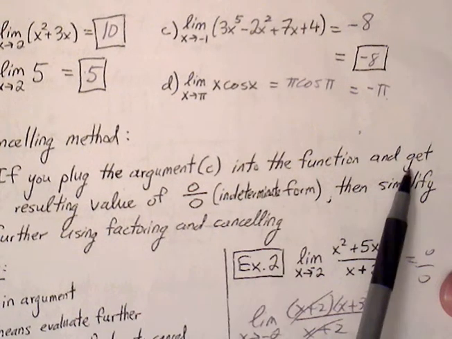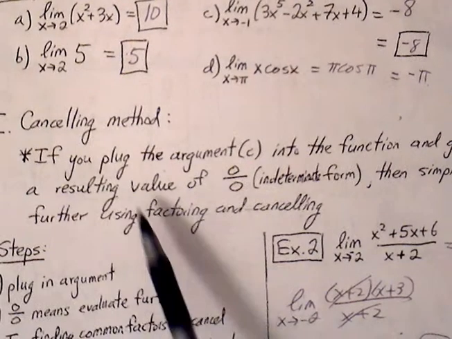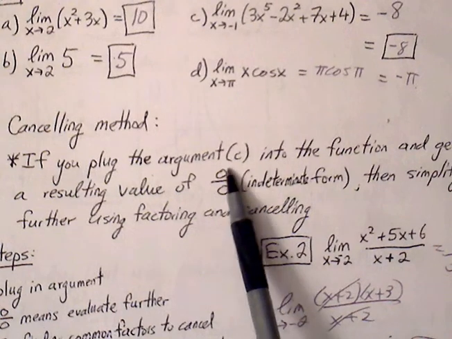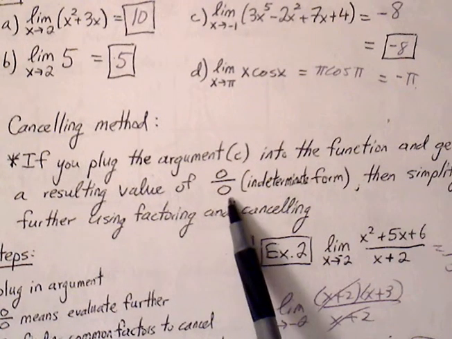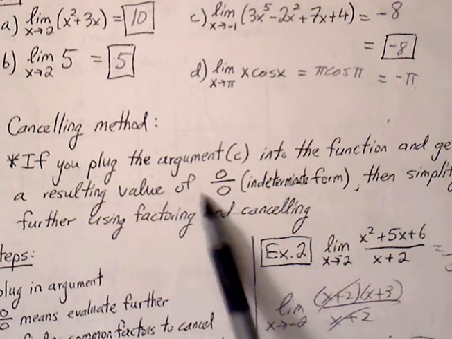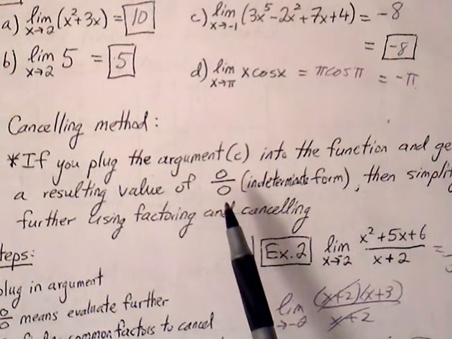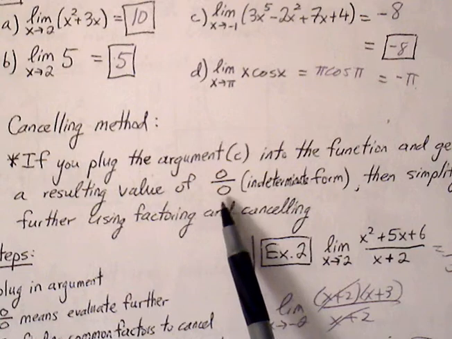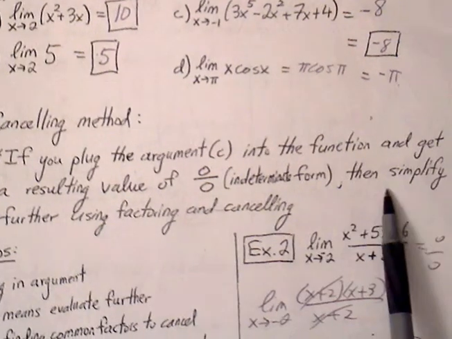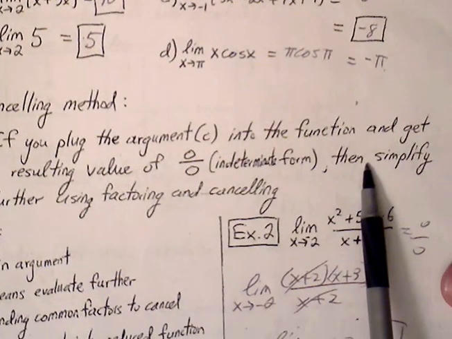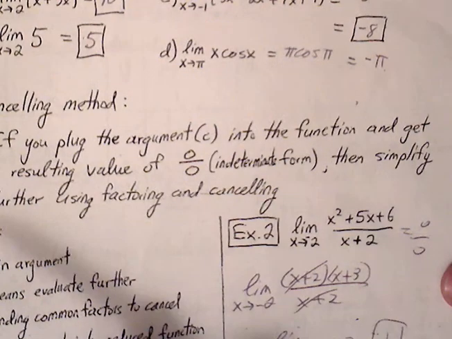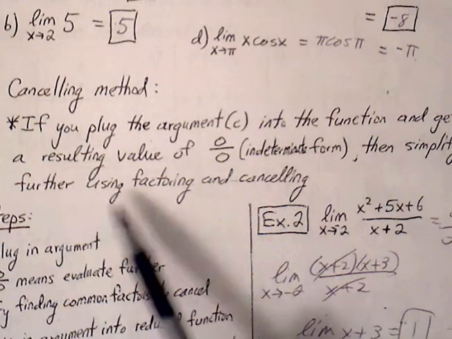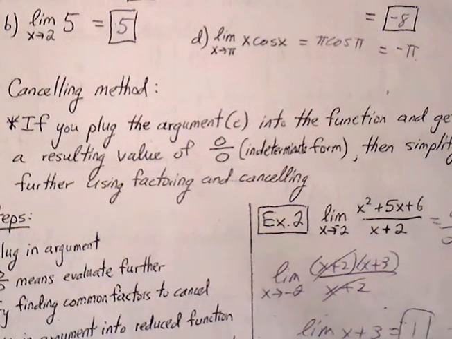However, we may get a resulting value of 0 over 0. If we get 0 over 0, that means there are potentially more things that can be done with the expression that will allow us to find a real number limit for the function. If we get 0 over 0, we're going to then simplify further using factoring and reducing or canceling.